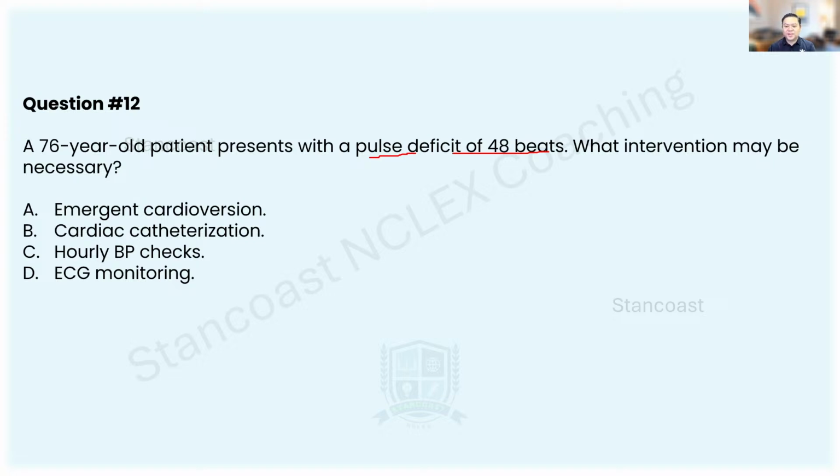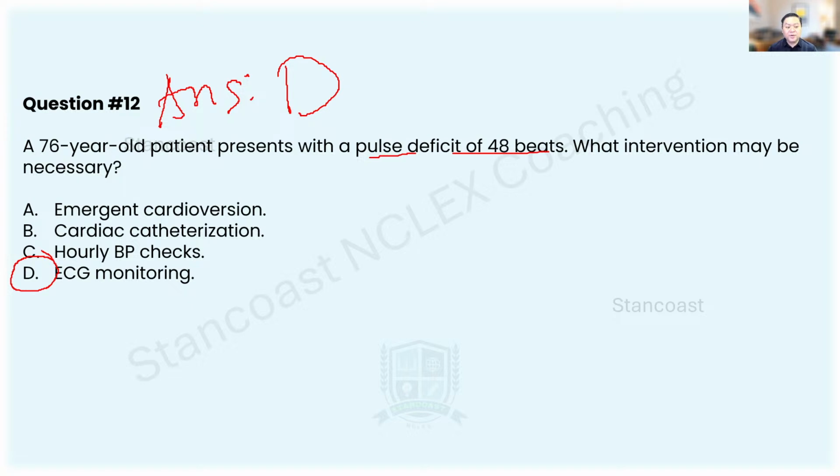What's your answer here, guys? The correct answer here is what? Letter C. No, letter D. Not letter C, but letter D. Why? Because when we detect a pulse deficit, it's basically detecting the discrepancy between the heartbeats that we are counting and the pulse that has been felt by maybe another nurse.